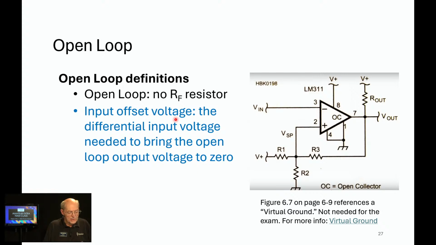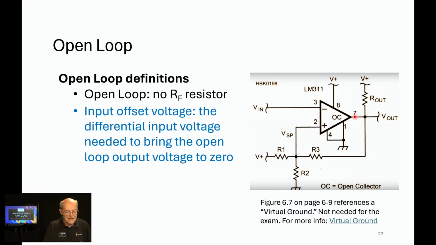I think I mentioned in the ideal op-amp that we considered that if both inputs were the same or not connected, the output voltage would be 0. Well, due to the high gain of the device, that's never going to quite be the case. So input offset voltage is the differential input voltage needed to bring the open loop output voltage to 0.